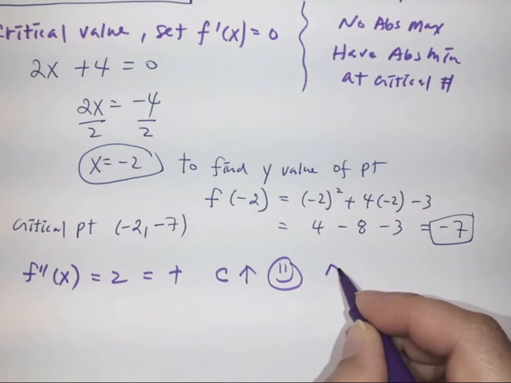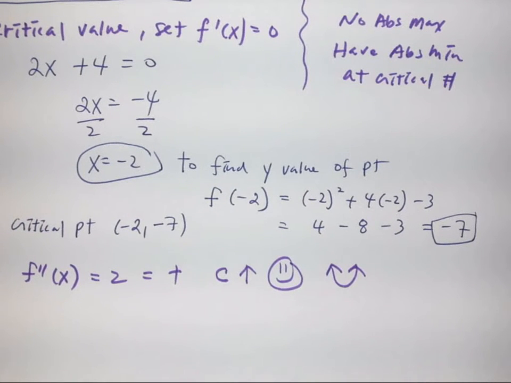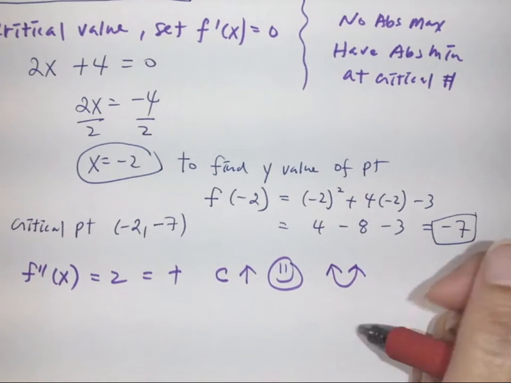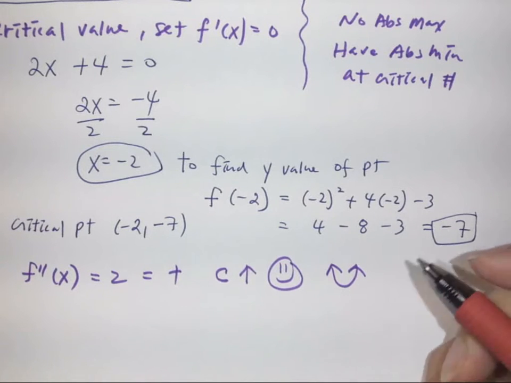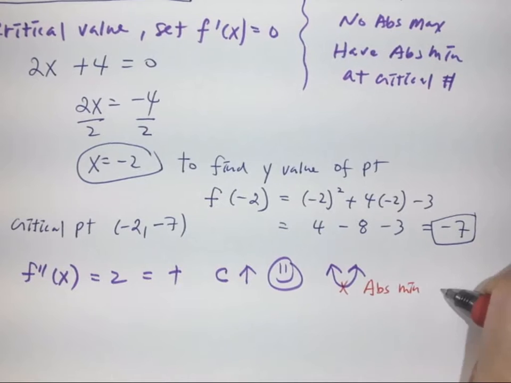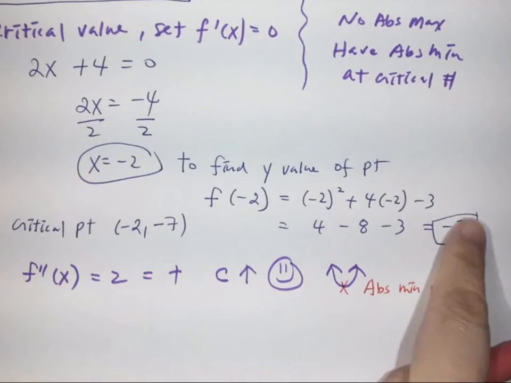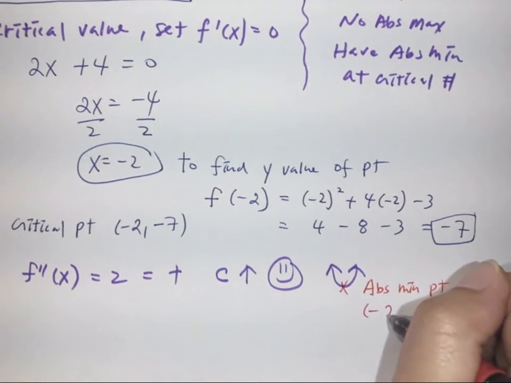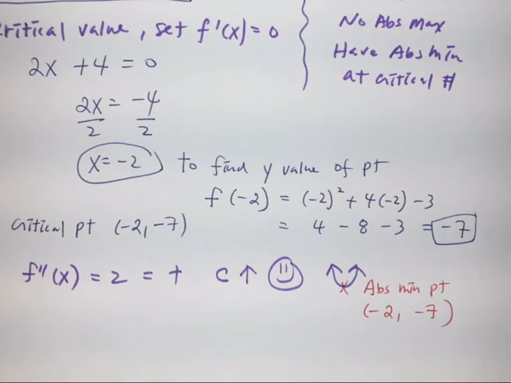So because of that, it's going to have a minimum. Here is the absolute minimum point, which we already found, x and y value, negative 2 and negative 7. Again, we have no absolute maximum.